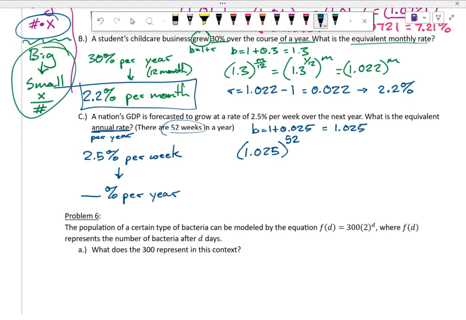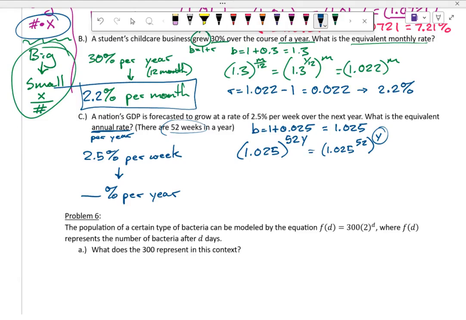So maybe y for year. So that is 1.025 to the 52nd power for every year. Now, normally I would not want to use a y there because y is usually our output. I'm just using that to represent per year. Normally we would have x, t, m, something else to represent that.